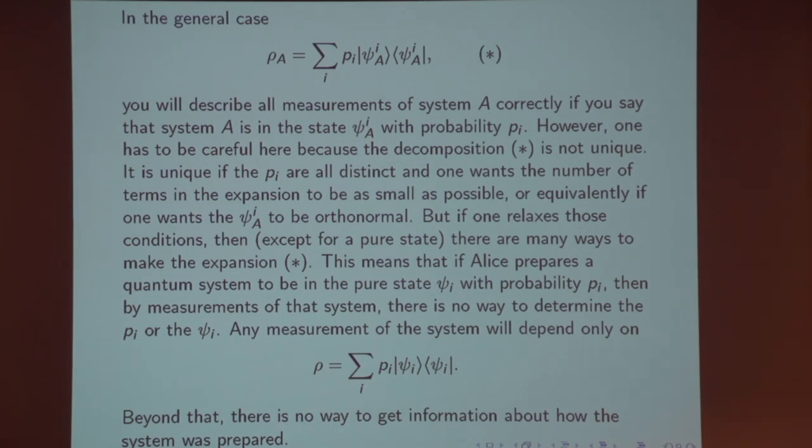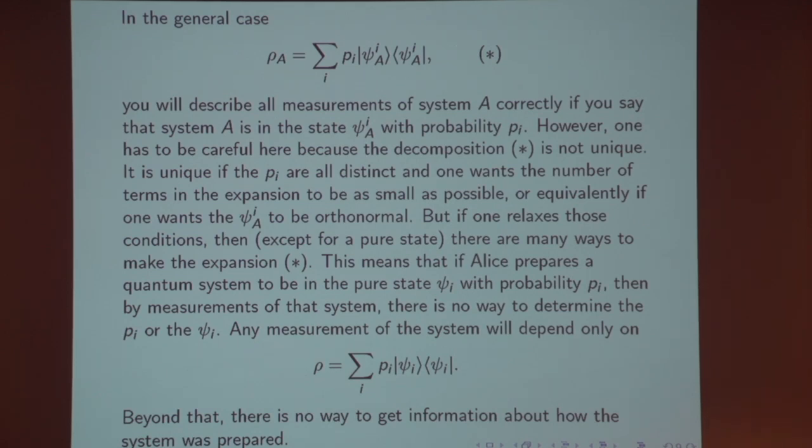Yes? We assume the dimension of HB is less than or equal to the dimension of HA, right? We didn't assume that. So everything I've said was valid for every possibility for the dimension of HB. So if B is a naturally occurring system, it will have whatever dimension it does. When you're making a mathematical argument, you'll pick a B to be big enough to make your argument, usually.